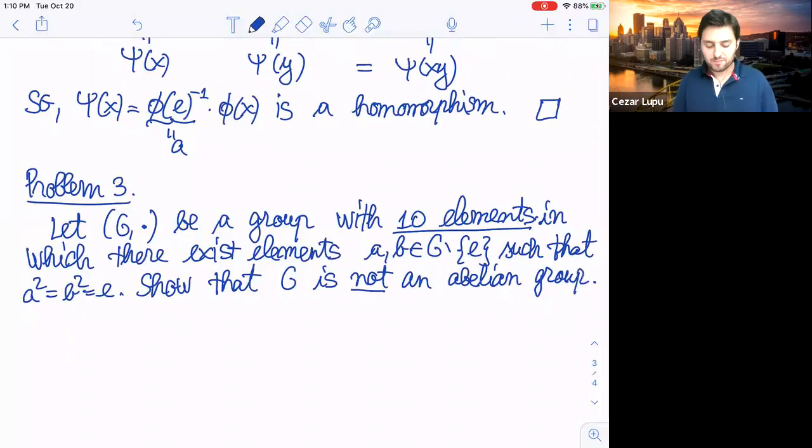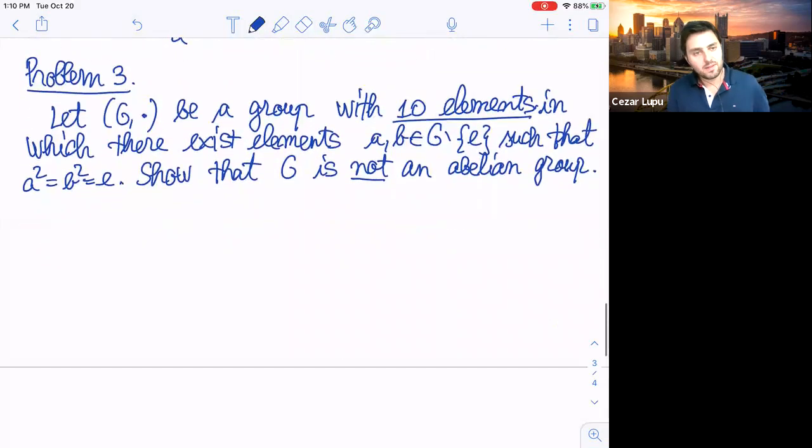So you see, remember we had this problem in lecture when we showed that if you have a group and if x squared is the identity for all x, then G is abelian. Now I'm providing you a group with 10 elements for which there exist 2 elements which are different from the identity such that the square of those elements is the identity.